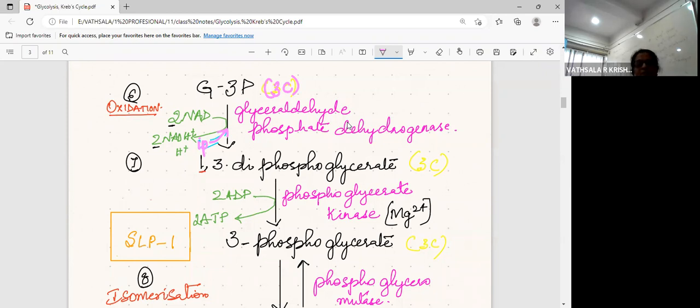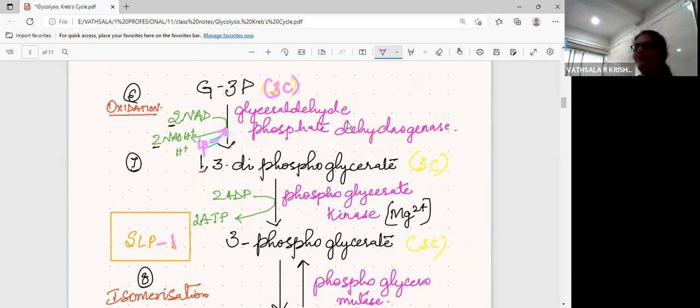Here I have written SLP, substrate level phosphorylation. What is substrate level phosphorylation? This is the first substrate level phosphorylation. From a particular substance, phosphate is removed and added, and you are getting phosphorylation.